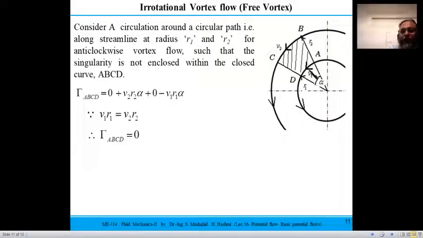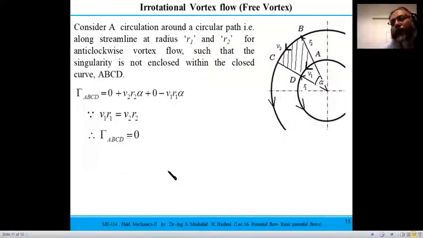So this is a general case in which we have a closed contour outside, such that it does not have any singular point. Circulation is 0 always whenever you don't have any singularity in your closed contour. If there is a singularity in a closed contour, then your circulation will not be 0.